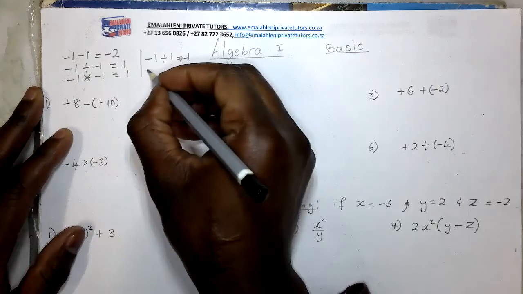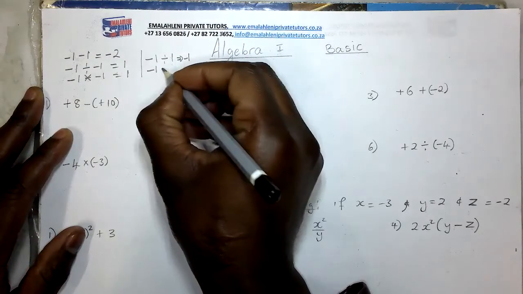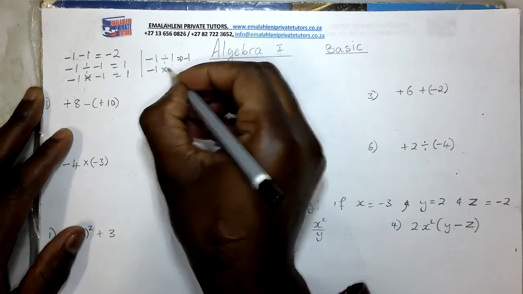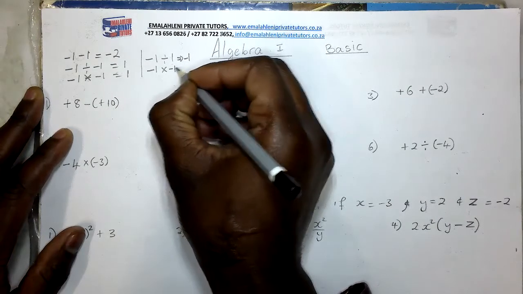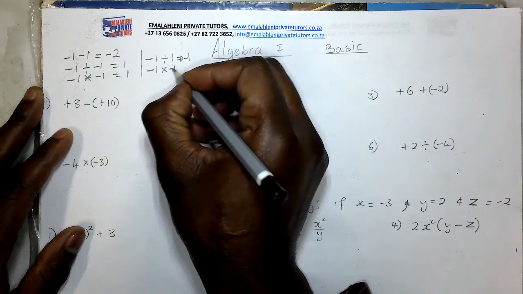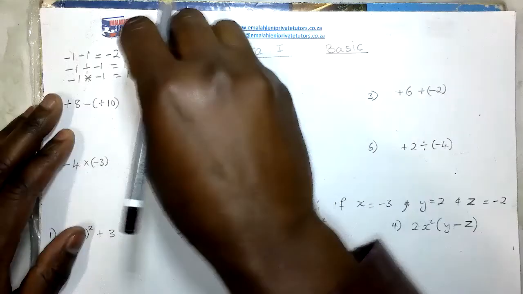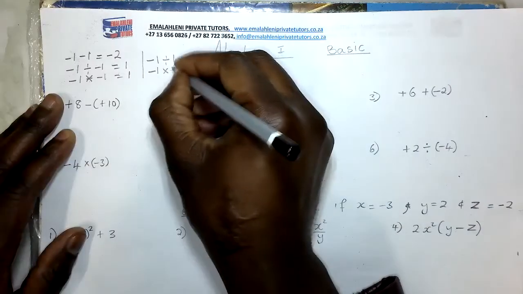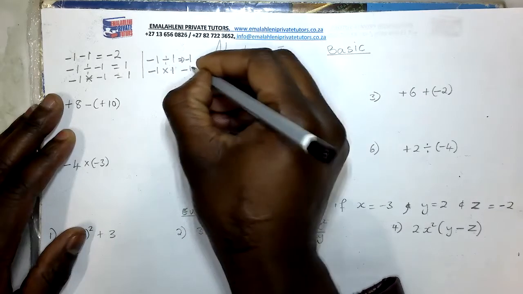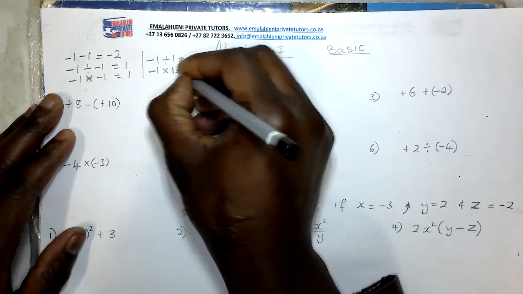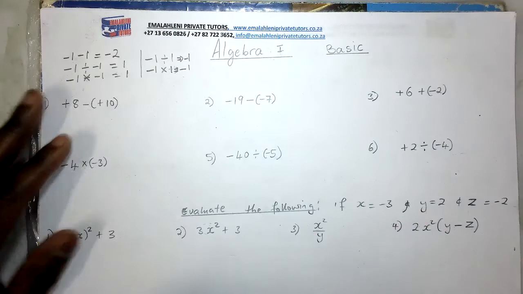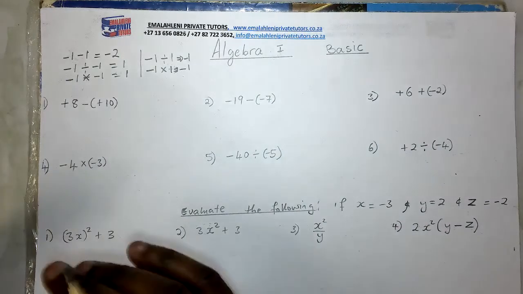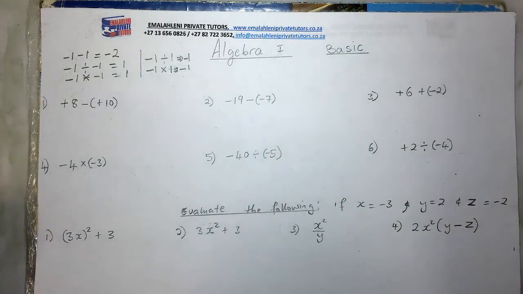Then if you multiply negative 1 times a positive 1, you will get a negative 1 as well. That's what we're saying here. So you must know that negative and negative gives you positive, and negative and positive gives you negative, just like that.